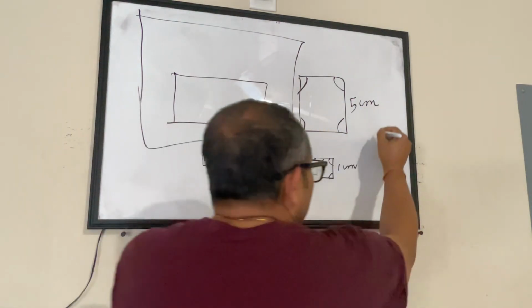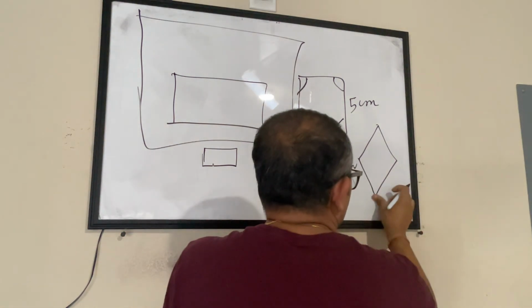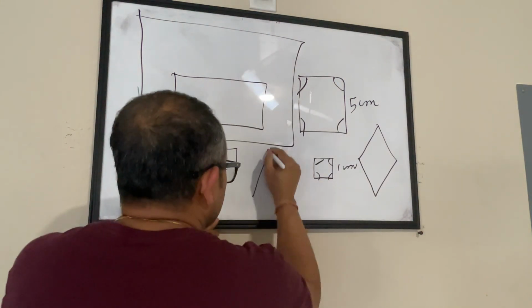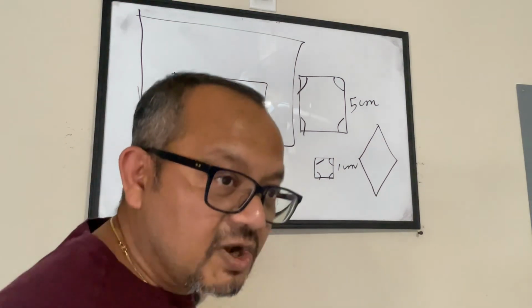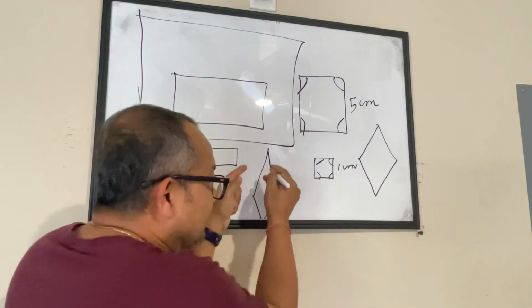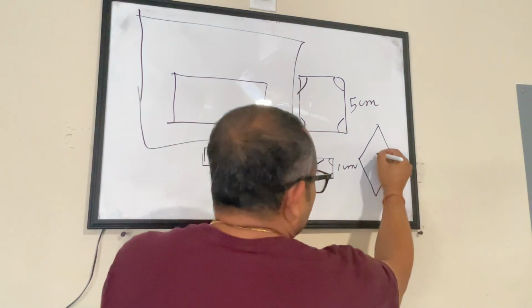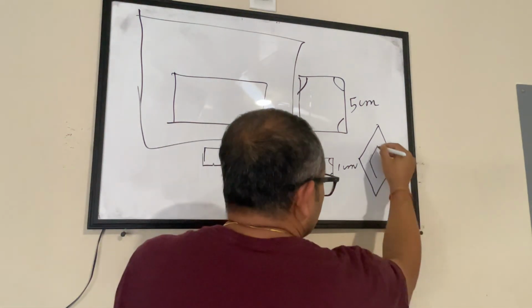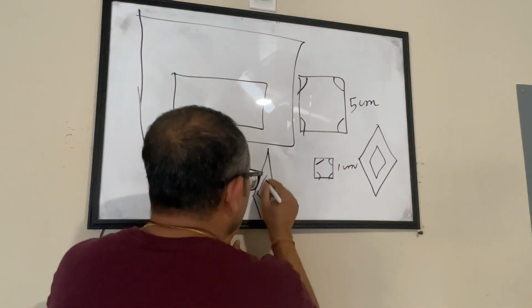Because you can have a rhombus like this, or you can have a rhombus like this. What I'm trying to say is, if you have squeezed the rhombus way too much and it has become much thinner, then a miniature of this rhombus would not be similar to the miniature of this rhombus.